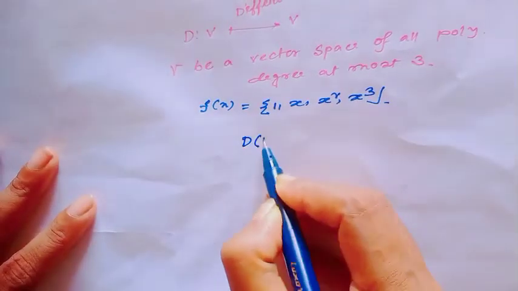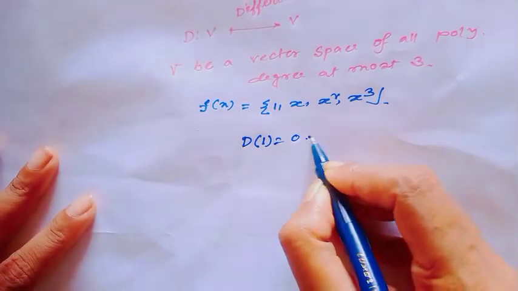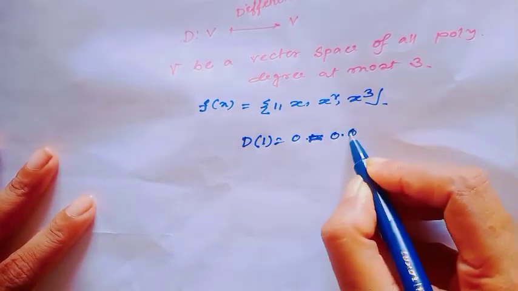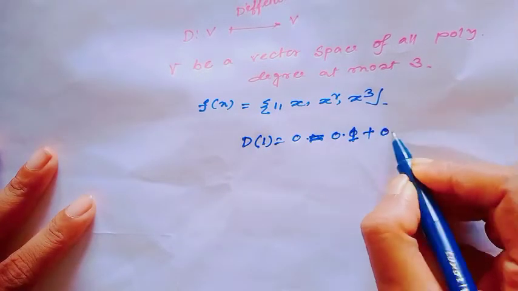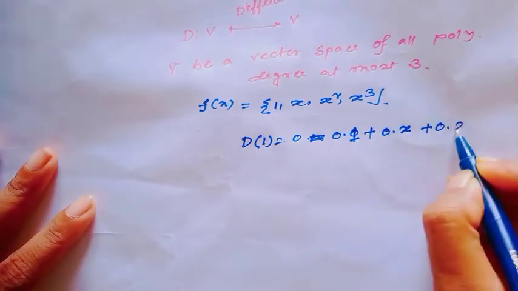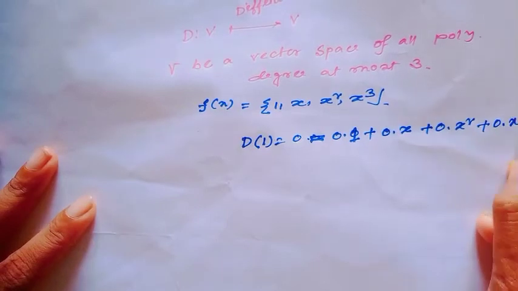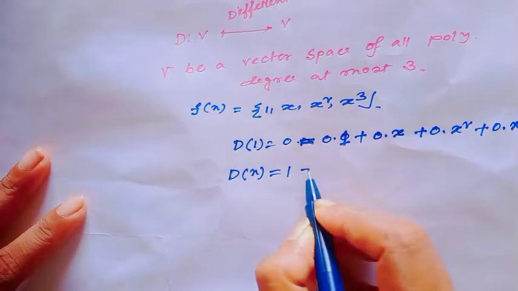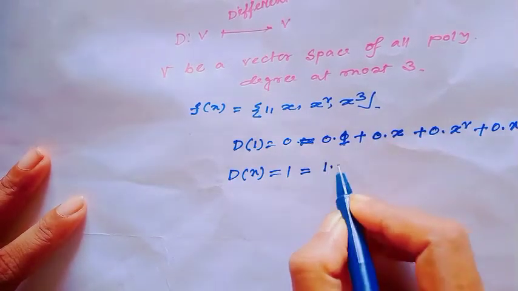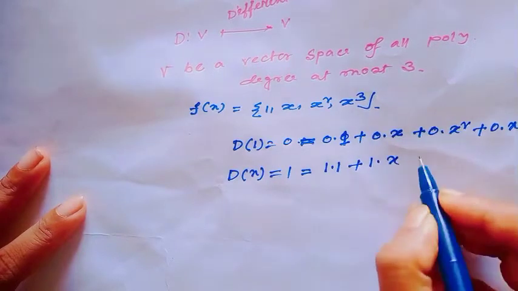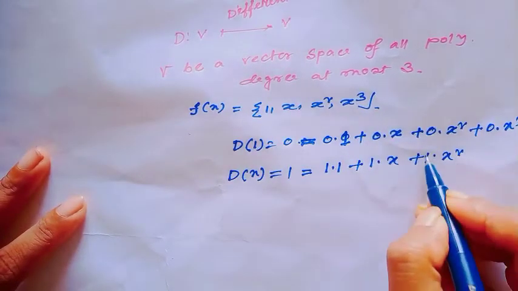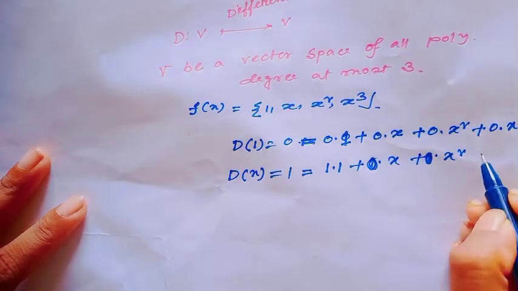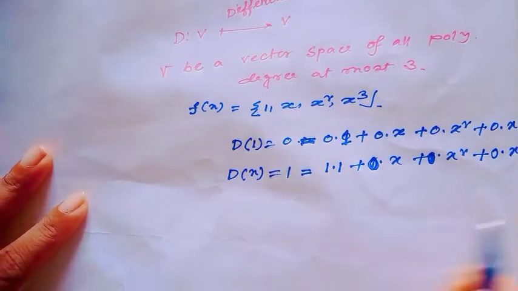Notice D of 1 equal to 0, then the matrix representation would be, first column would be such type: 0·1 plus 0·x plus 0·x square plus 0·x cube. And D of x, which is equal to 1, is equal to 1·1 plus 0·x plus 0·x square plus 0·x cube.